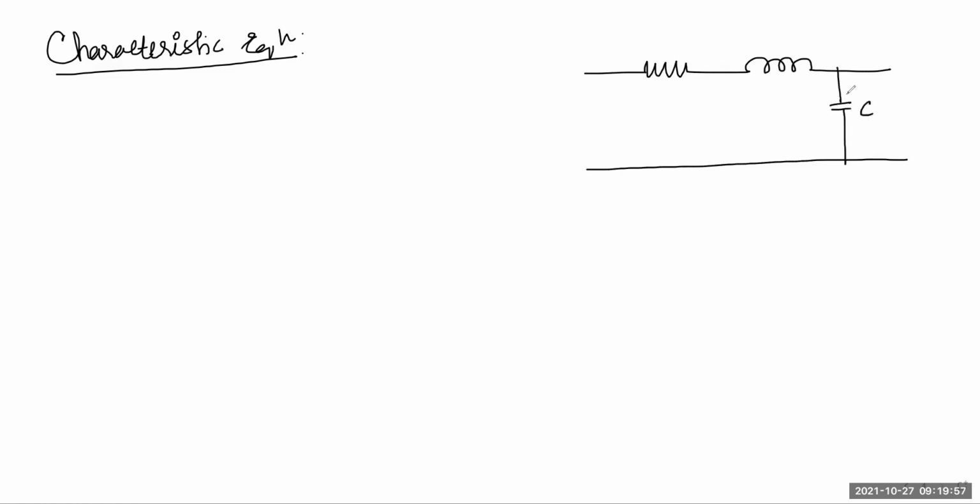Let me draw the circuit first. Okay, this is my circuit. This is the positive, negative. This is my output, and this will be the path of the flow of current.